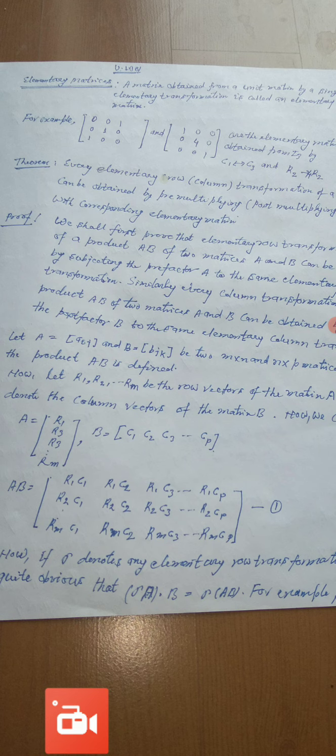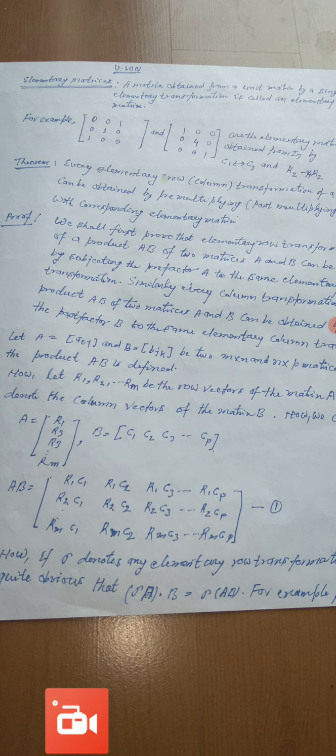Similarly, see the next example: in first column 1 0 0, in second column 0 4 0, in third column 0 0 1.